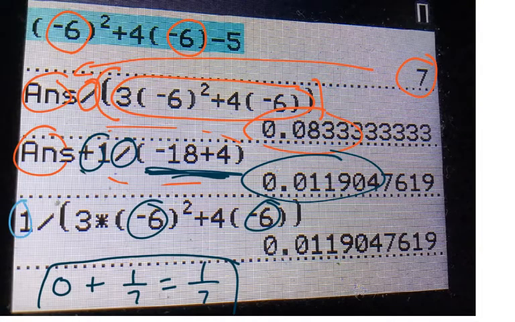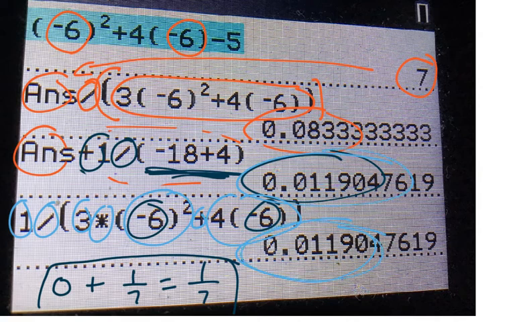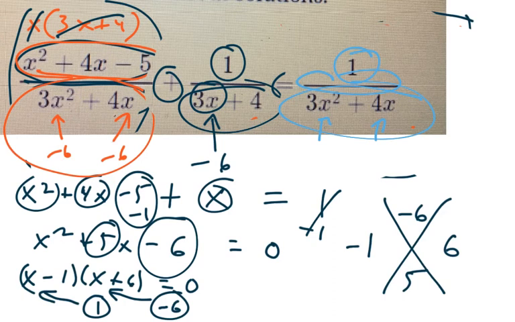So as you can see, 1 divided by 3 times negative 6 squared plus 4 times negative 6. See how both of these, which I just circled in blue, now in green, are exactly the same. I just proved that negative 6 works. Now again, do you have to do this every time? No. But it's a good habit of checking your answers.